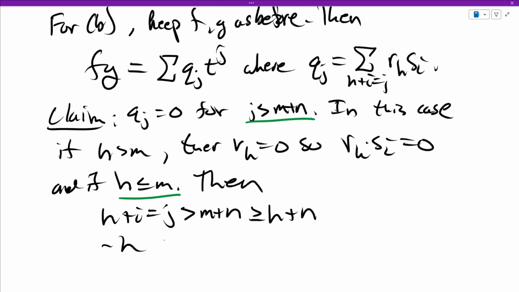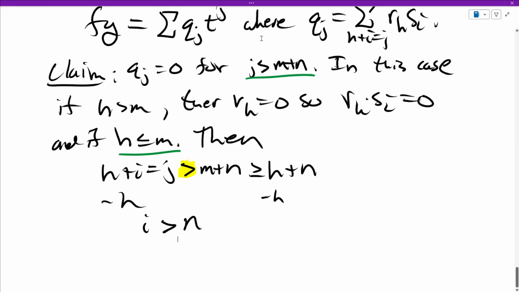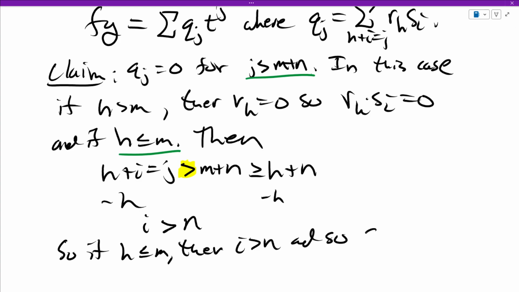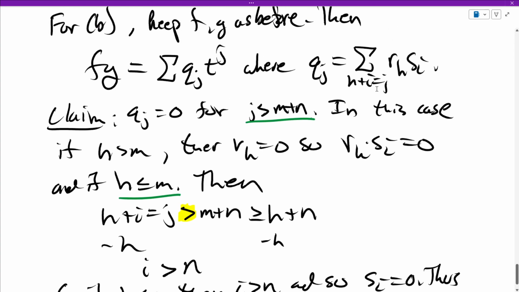If we subtract h from both sides, we get i is bigger than n, and it's a weak inequality there, so that stays. If h is less than or equal to m, then i is bigger than n, and so S_i is 0. Thus, the contribution here is still 0. So whether h is bigger than m or less than or equal to m, the term in the sum is 0.